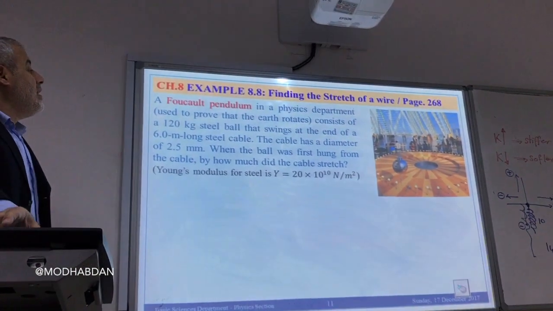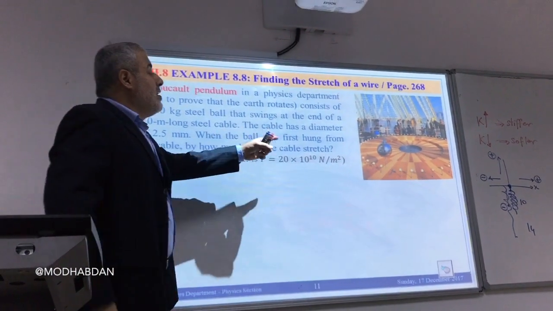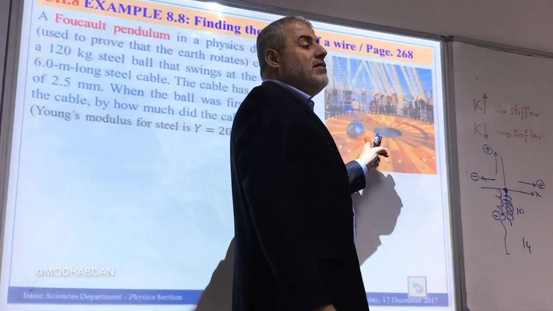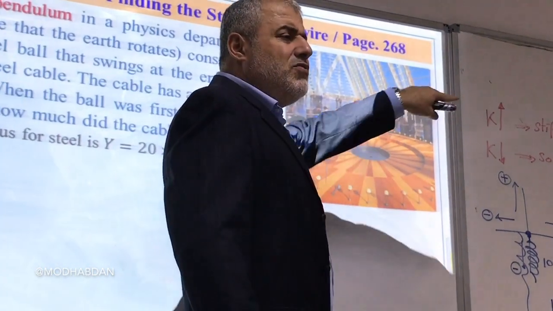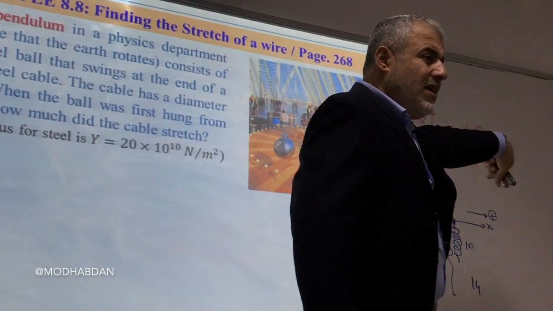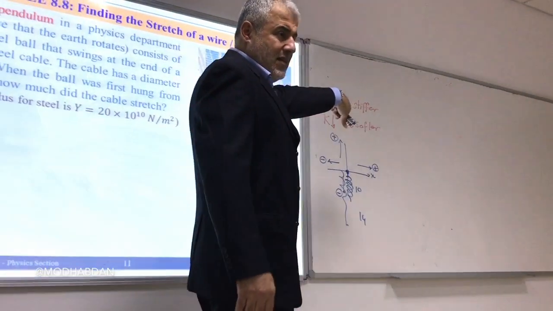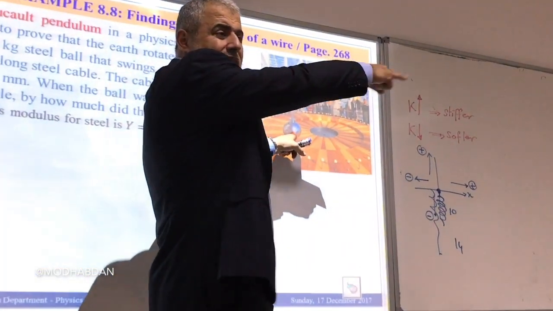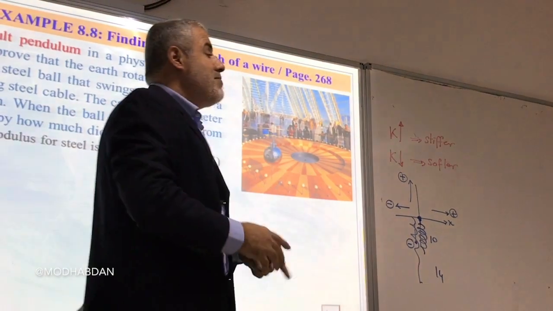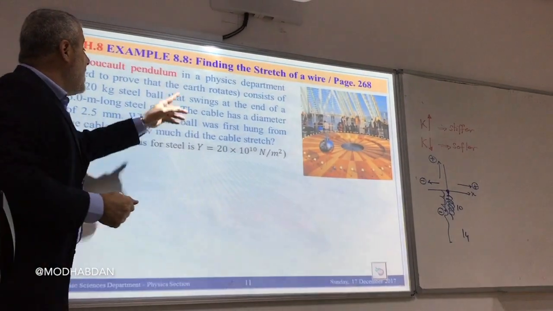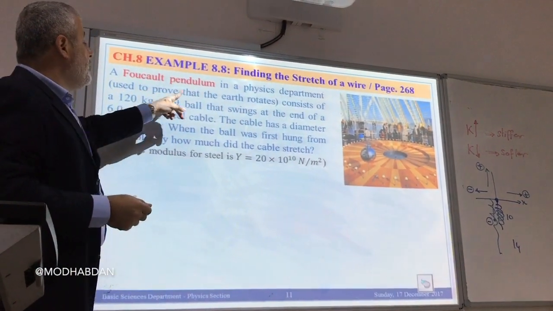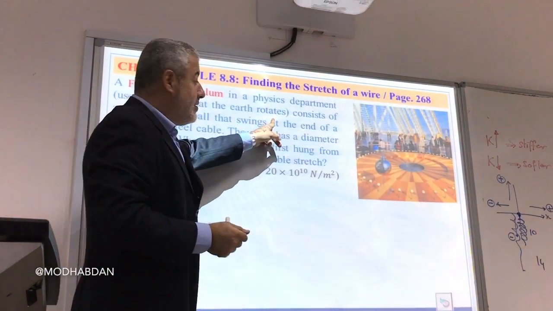Here it is mentioned, we had a pendulum in one of the universities, just like the DNA clock here in the health track campus. You know this piece that is downstairs. It's the same thing. Just pay attention. In the physics department, we used to prove that the Earth rotates.